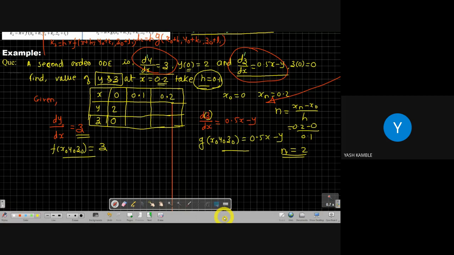So first of all आपण K1 फाइंड करणार ना आता. काय फाइंड करणार तुम्ही?